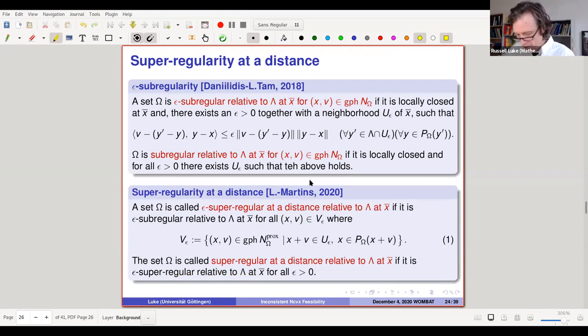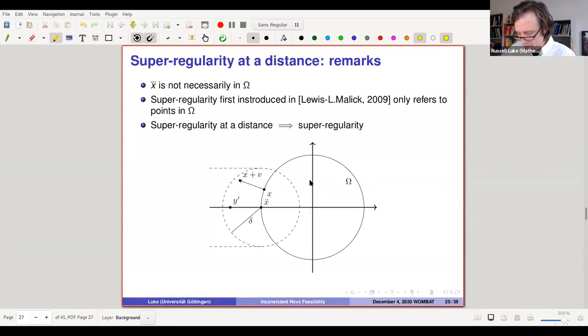So super regularity at a distance, if you're interested, you can go look at the definitions of these. But the key point again is that the reference point doesn't have to be in the set. For the regular super regularity, it was only defined at points in the set.